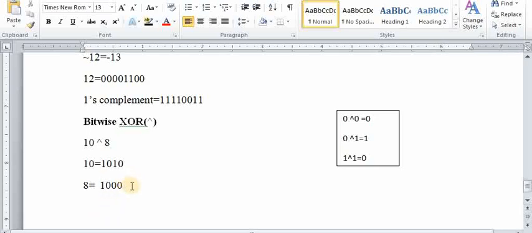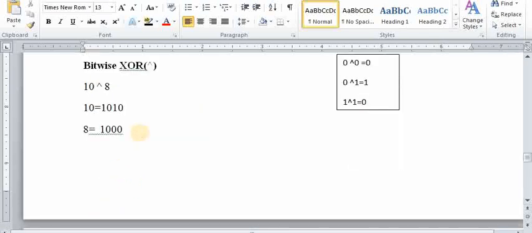Now use the XOR operator. 1 and 1 are both the same digits, so it will return 0. Now 0 and 0, both digits are the same, so it will return 0.